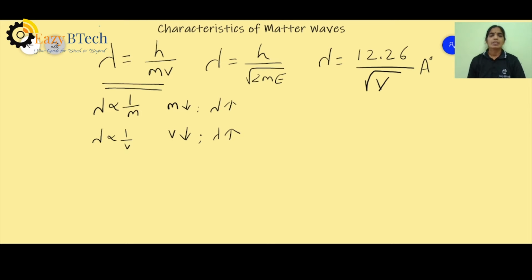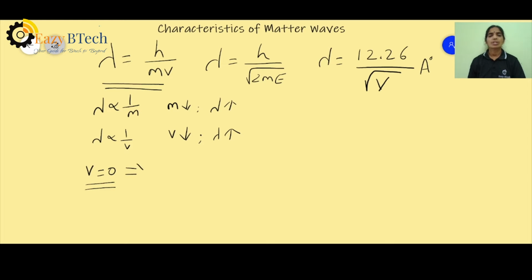Next, we can have velocity 0. When is it possible to have this situation? Only when the particle is at rest. If the particle is moving, certainly velocity will be there, and v will not be equal to 0. Only when the particle is at rest do you get 0.